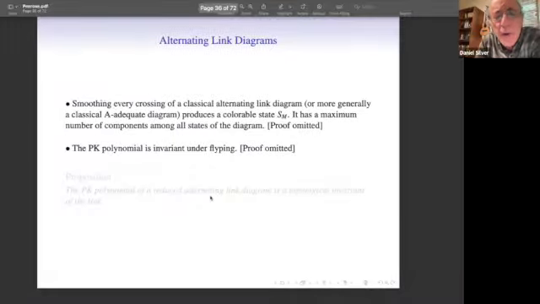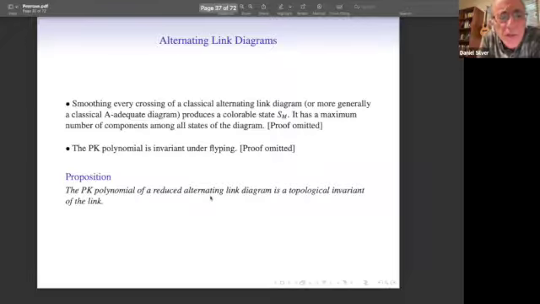The PK polynomial is an invariant under flipping. That's also not too hard to see, and let me not go into it. But as a result of this, of course, we get a proposition, which is that the PK polynomial of a reduced alternating link diagram is actually a topological invariant of the link. So yes, there is some topology here associated with this interpretation of the polynomial.